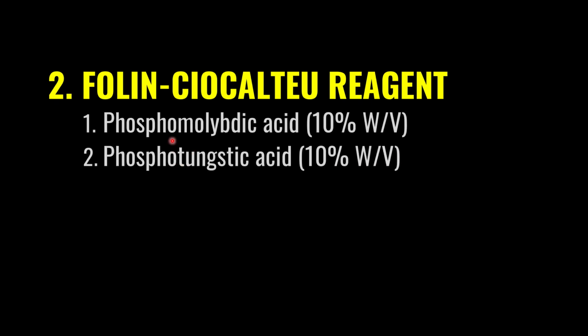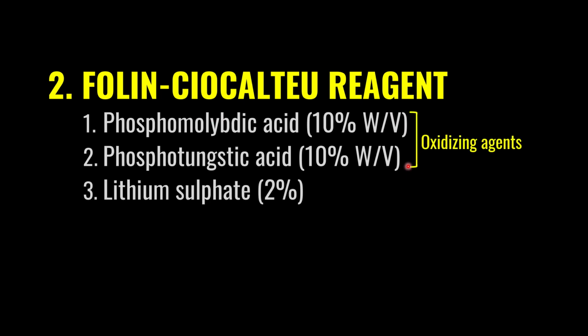So let us come to the second requirement or component, which is Folin reagent. It is also called Folin-Ciocalteu reagent. It has phosphomolybdic acid and phosphotungstate, 10% each, to keep this in a soluble state.